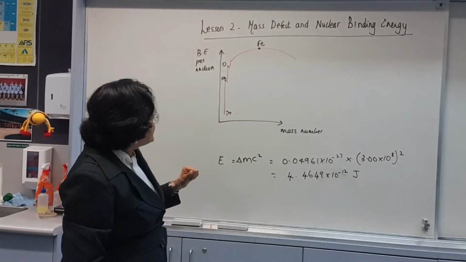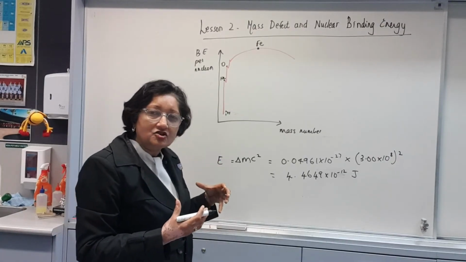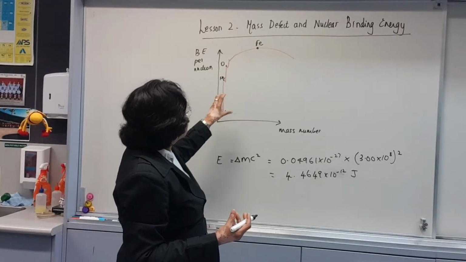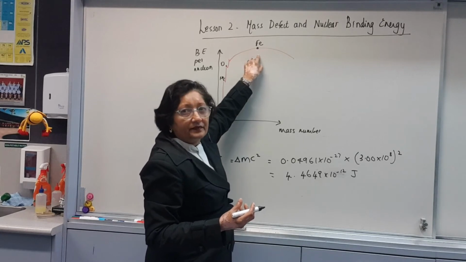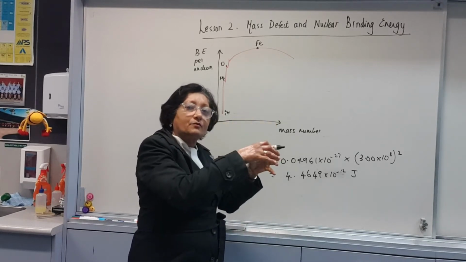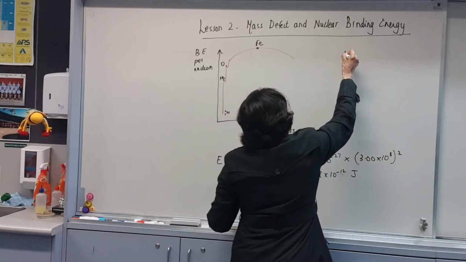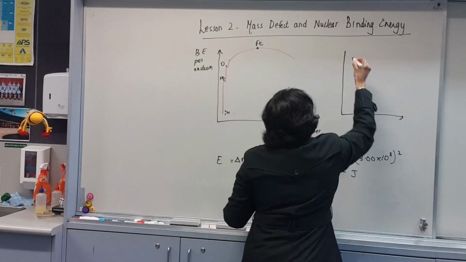Okay, and there's also another graph that also explains this, and this is looking at the mass. So things with more binding energy, the nucleons themselves have less energy because you need to give them more energy to set them free. Okay, there's also the mass per nucleon against mass number.